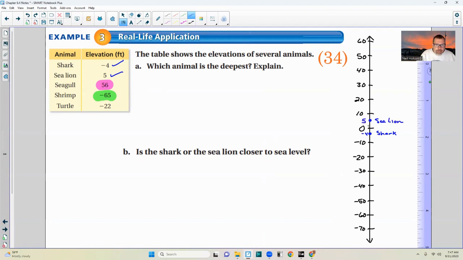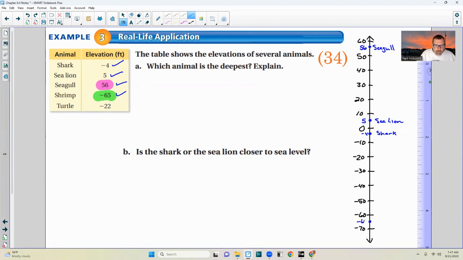And that's at 5. And then the seagull is 56 feet. So here's 50, 55 would be halfway. A little bit further up would be 56. So approximately there. And that is a seagull. And then shrimp is -65. That's halfway between 60 and 70 on the negative side.